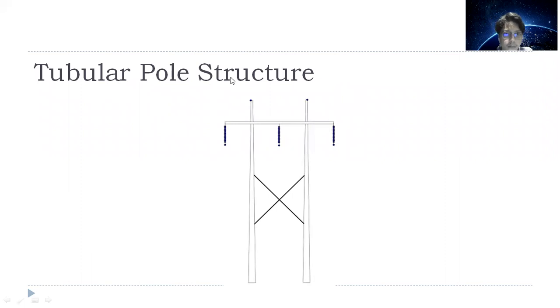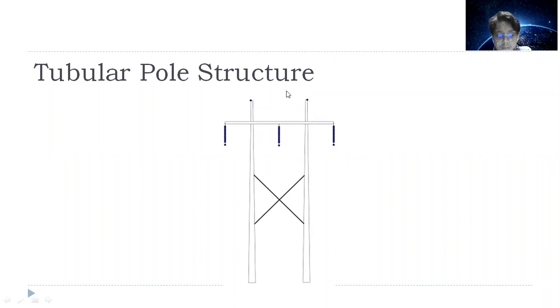And then tubular pole structure. This is tubular pole structure. Traditional self-supporting lattice structures are used for electricity transmission. You will find mostly the use of self-supporting type lattice structure for transmission lines in most of the power companies.